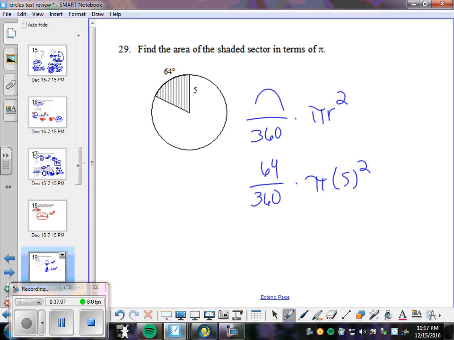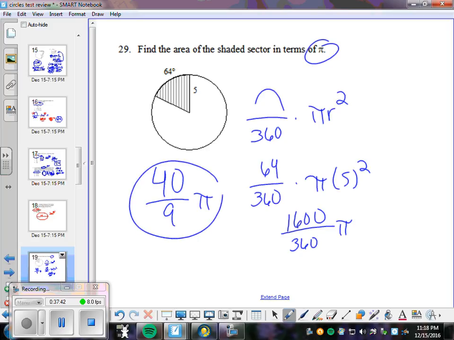And we're leaving this in terms of pi, so you're just going to multiply 25 times 64. You get 1600 over 360 pi. So 1600 divided by 360 and simplify. 40 over 9 pi. Okay.